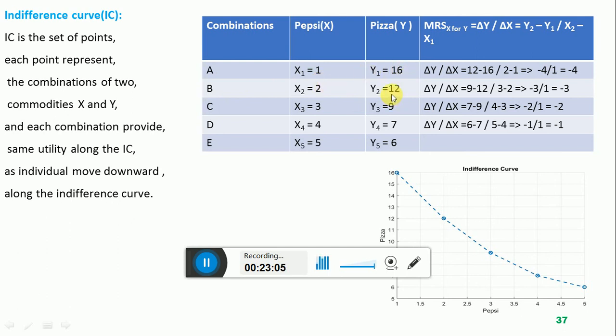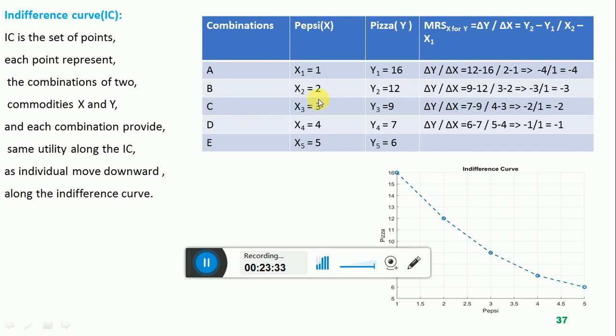So to get 1 extra Pepsi, the consumer sacrifices 4 pizzas. Why is he replacing 4 pizzas for 1 bottle? Because he is fed up with pizza. He does not need pizza. Pizza quantity is more, so pizza's marginal utility is very small. Pepsi's marginal utility is very large. That is why he is replacing pizza with Pepsi.